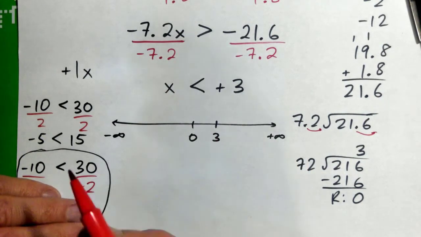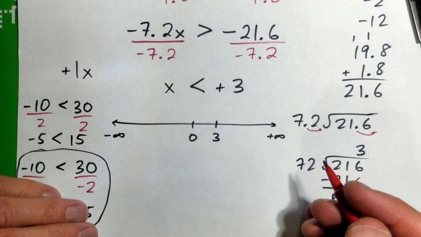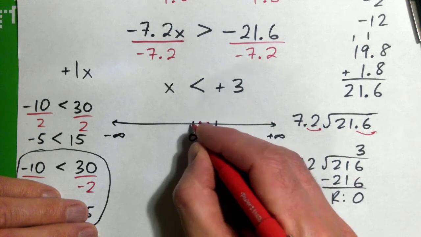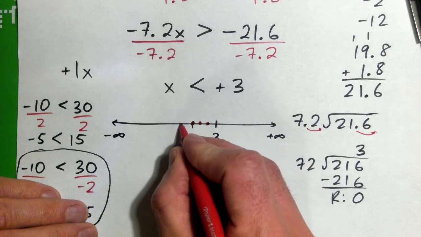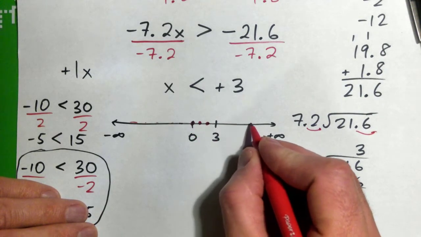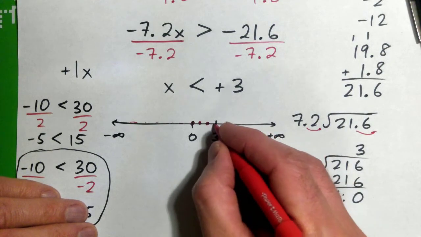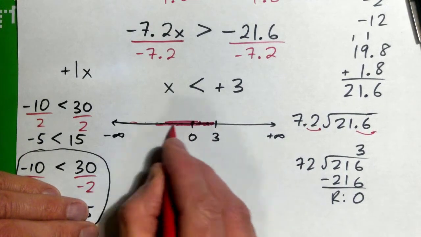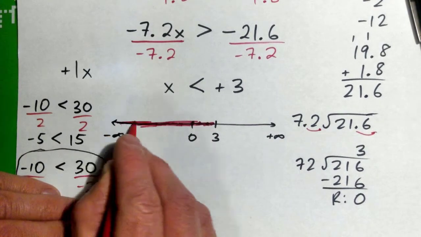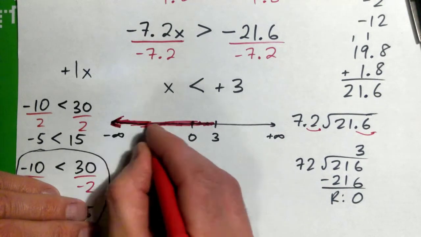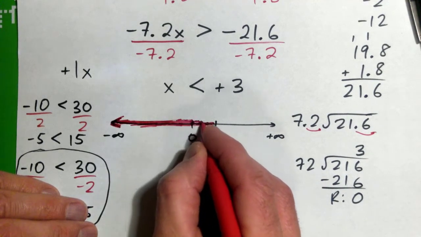So give me some numbers that are less than 3. 2 is less than 3, so is 1, so is 0, good. All these, right? Any of the negatives, right? How about 4? Is that less than 3, or 5 or 6 or 7? No, so not these guys. So all these guys and everything in between, it's the decimals as well. So we kind of fill in the line because it's not just the whole numbers or the integers, it's all the decimals. Every single number on the number line, right?